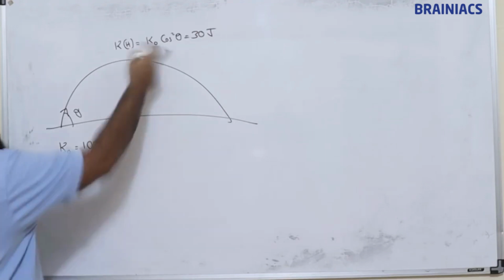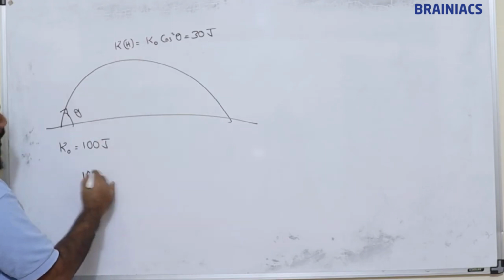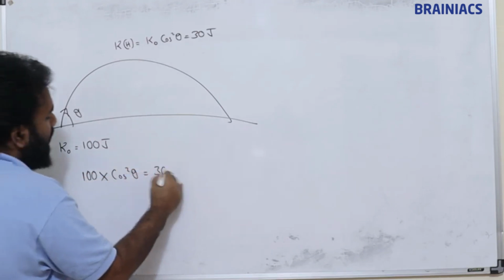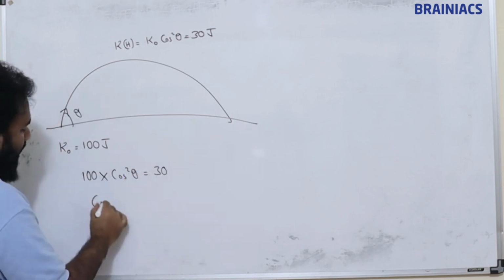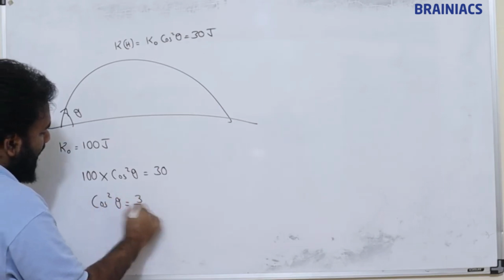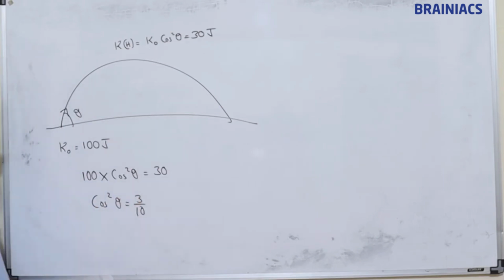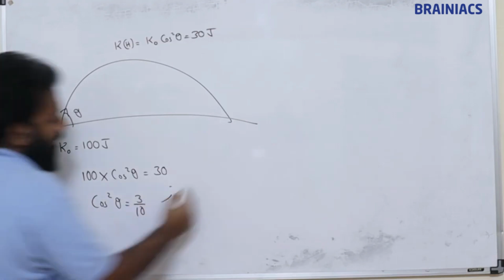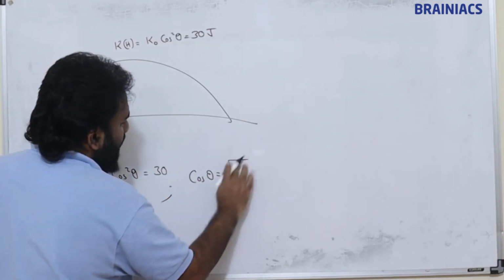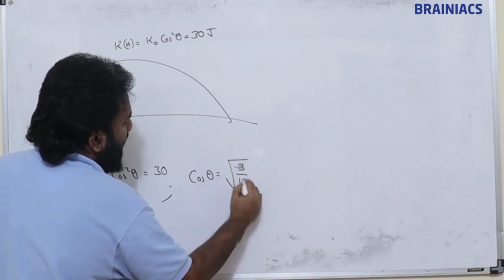So this 100 we will substitute here. 100 into cos square theta is equal to 30. We can write cos square theta is equal to 3 by 10, and cos theta is equal to root 3 by 10.